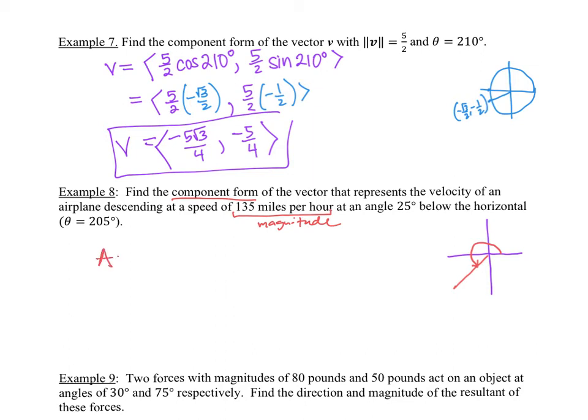I'll call him A, is going to be the magnitude times the cosine of 205 degrees, and the magnitude times the sine. If they ask for it in exact form, I would leave it like this because that's not a known point for me. But often on these, they're going to ask you to put it in your calculator to get an approximation. So I'm going to put each of those in my calculator.